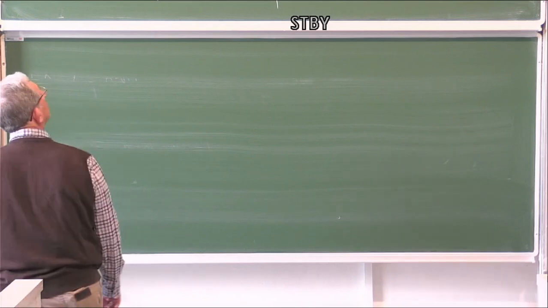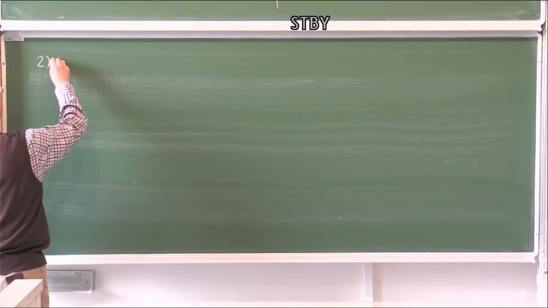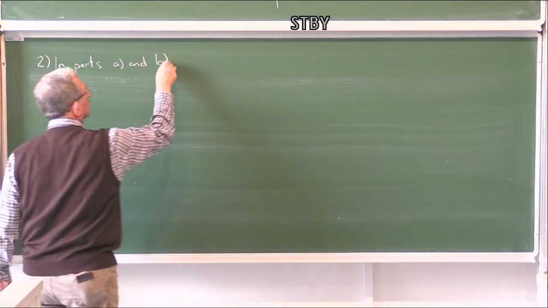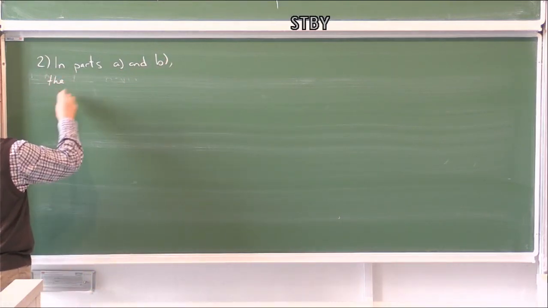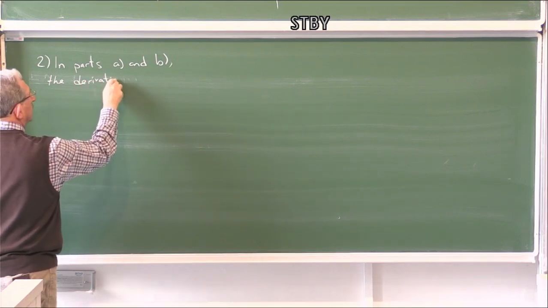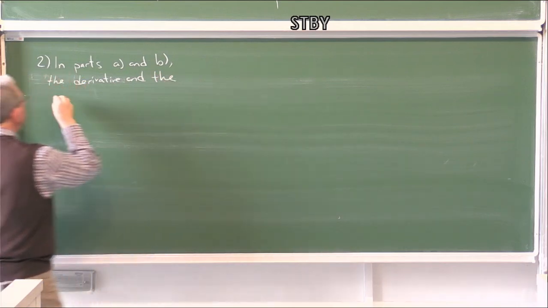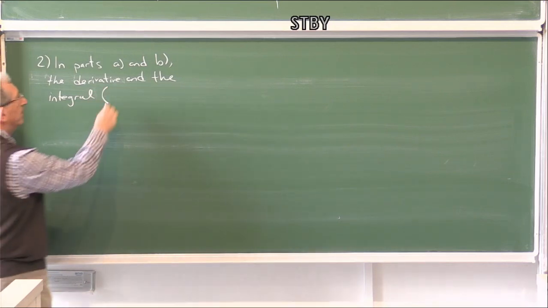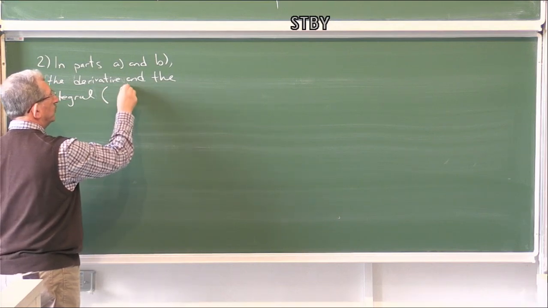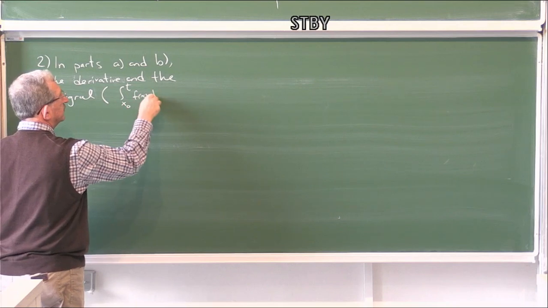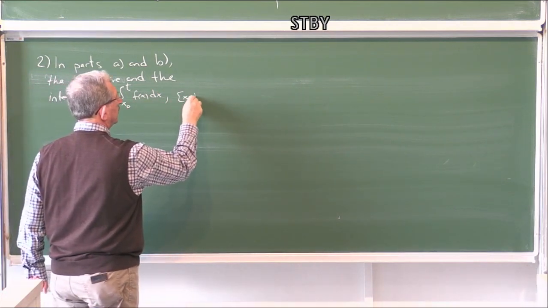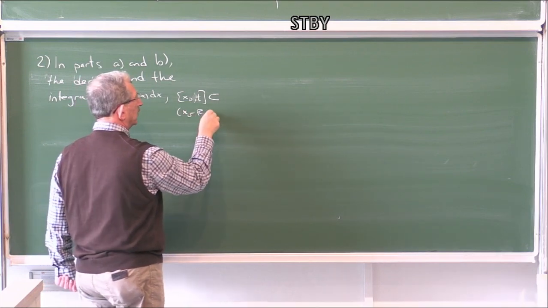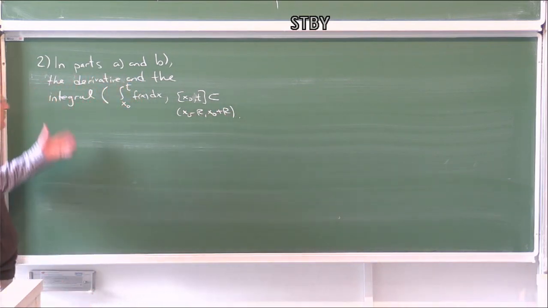Our second observation is that in parts A and B, the derivative and the integral, to regard the integral as a function, we evaluate from x0 to t, f of x dx, where t lies inside of x0 minus R, x0 plus R. In part A, in B, it doesn't matter.